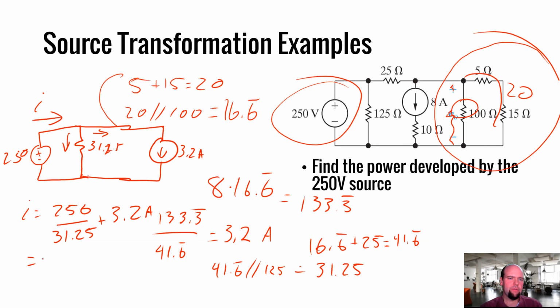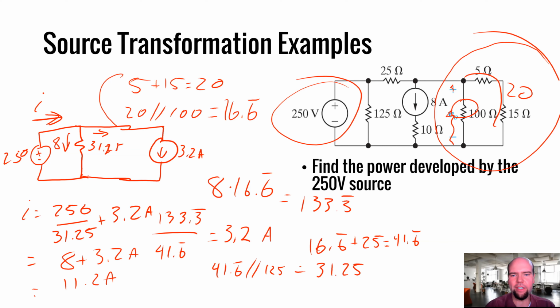That's 8. So there's 8 flowing down here. And 8 plus 3.2 is 11.2 amps. So the power, if this was our current I, that was current flowing out of the positive terminal.